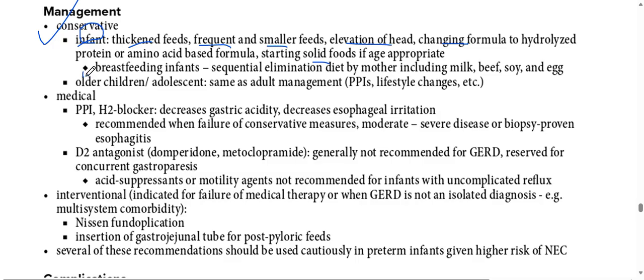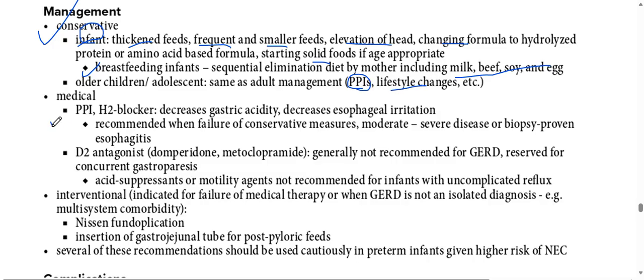For breastfeeding infants, a sequential elimination diet by the mother, including milk, beef, soya, and eggs. The mother has to restrict all these products: milk and milk products, beef, soya, and egg. Older children, same as adult management: use of PPIs, omeprazole, lansoprazole, lifestyle changes.